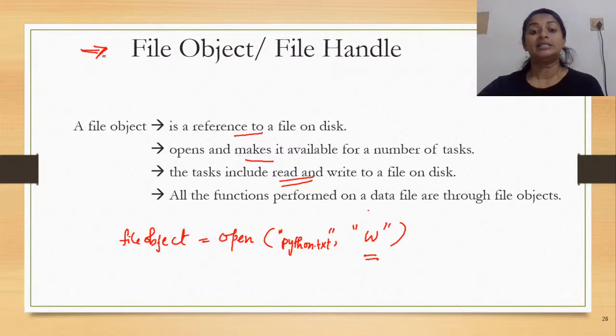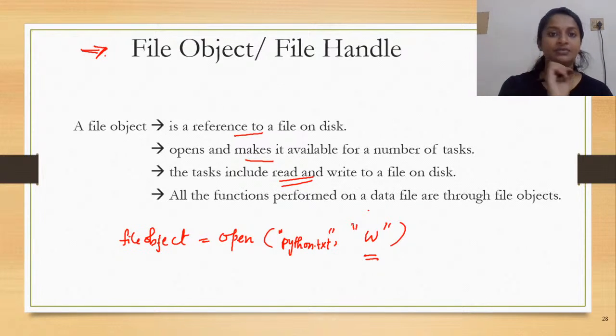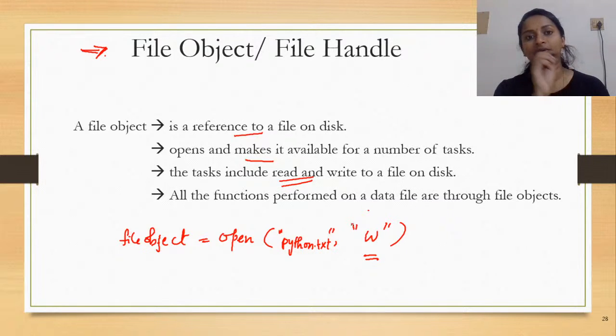Okay. Now let's see the second case wherein the file python.txt is not already existing. What would happen is Python would create a new, fresh file. It is simply like taking a fresh page of your notebook for writing. Where would you start writing from? You would definitely start writing from the topmost left corner, right?